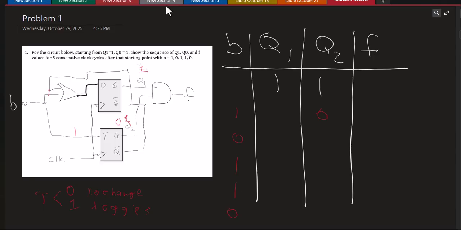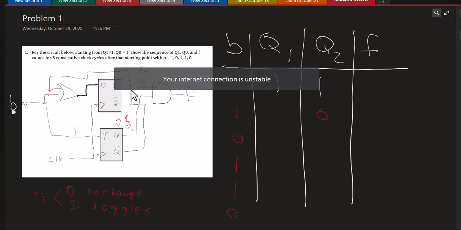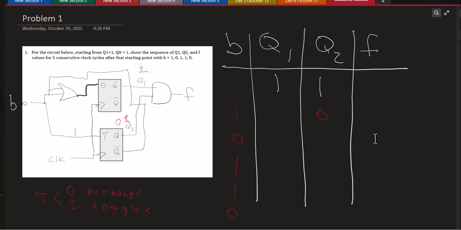And then for Q1, which was 1, my internet connection is unstable. Okay, so Q1 is 1, and that's feeding back into an OR. The OR of 1 and 1 is 1, and that's going into a D flip-flop.